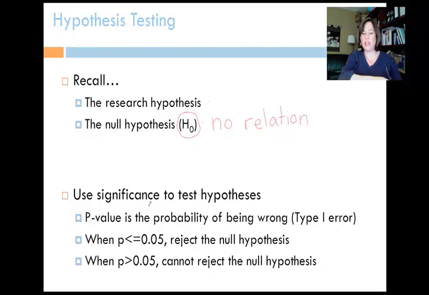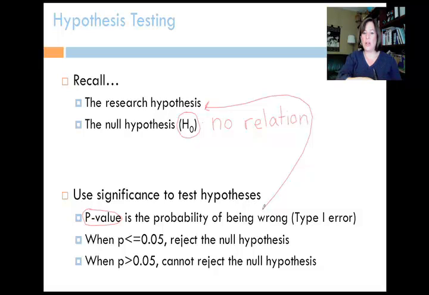So we use significance to test these hypotheses. And you know from previously that statistical significance is annotated as a p-value. The p-value is the probability of being wrong, of having the research hypothesis be wrong, the probability of being wrong that a relationship exists.